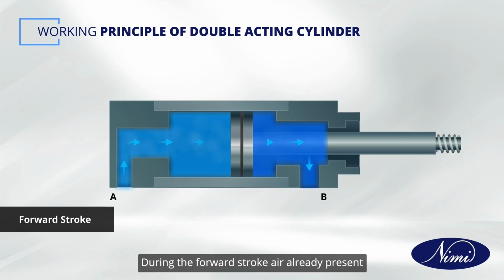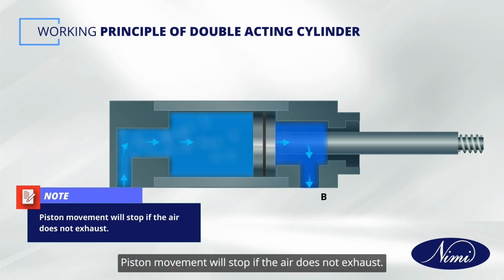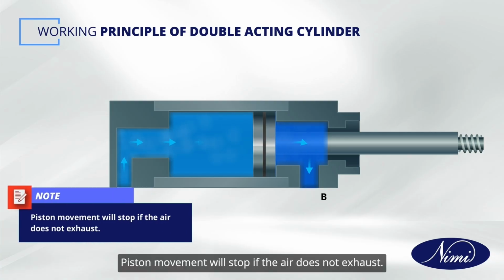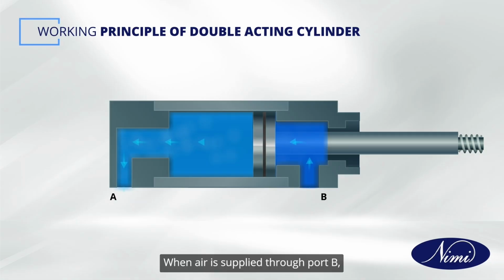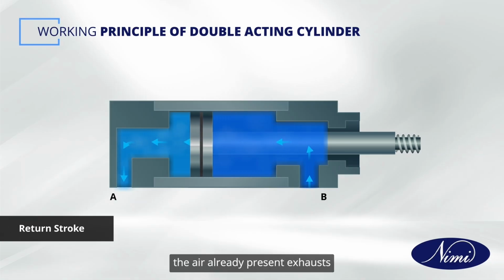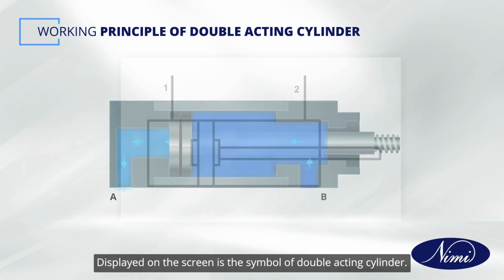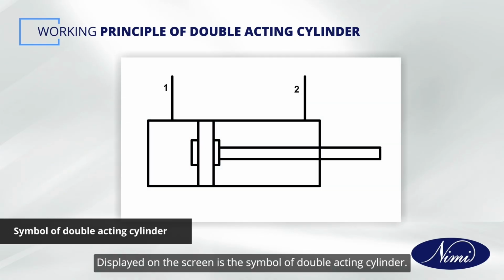During the forward stroke, air already present at the rod side exhausts through port B. Piston movement will stop if the air does not exhaust. When air is supplied through port B, the air already present exhausts through port A and the piston retracts. Displayed on the screen is the symbol of the double-acting cylinder.